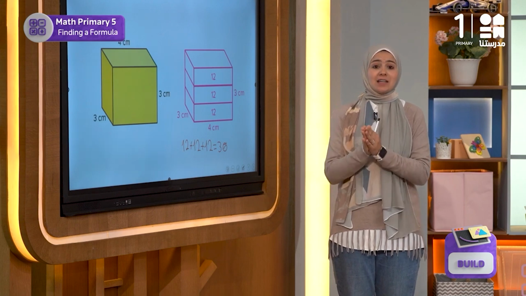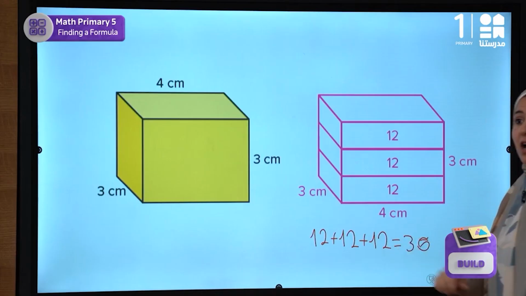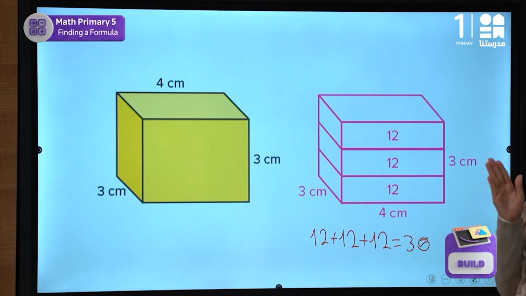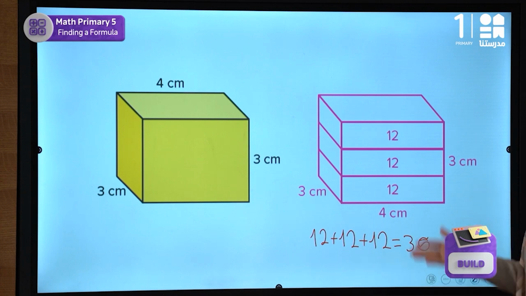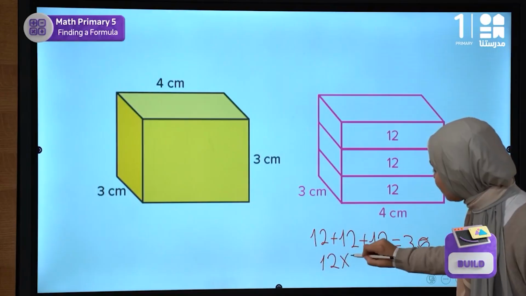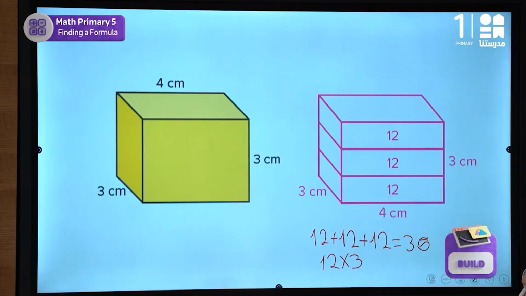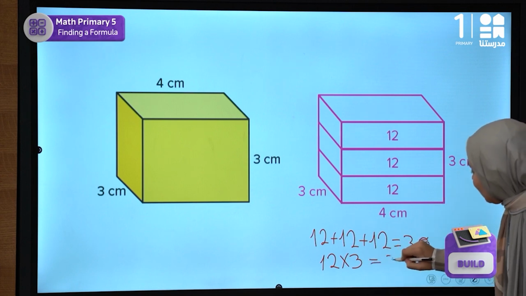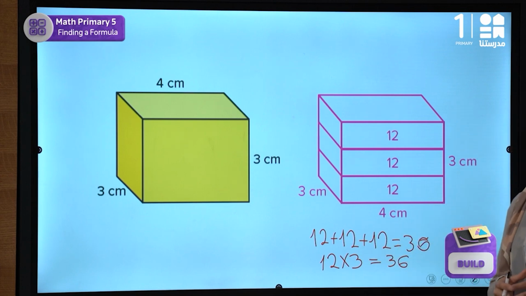Now, instead of adding the area 3 times, what can we do? We can multiply it by 3, which is the height. Again, one more time. 12 times 3 will also be equal to what? 36 cubes as well. So again, I will get the 36.